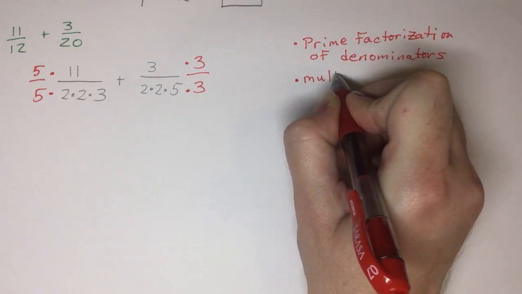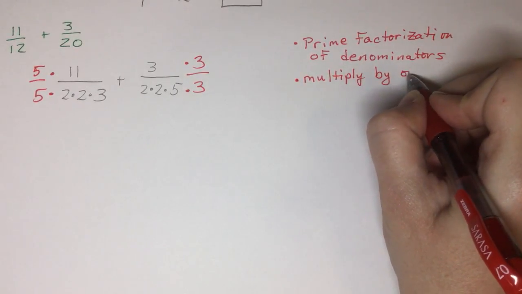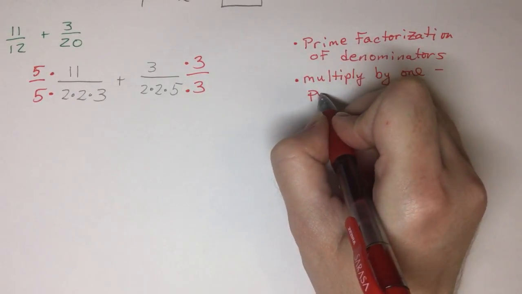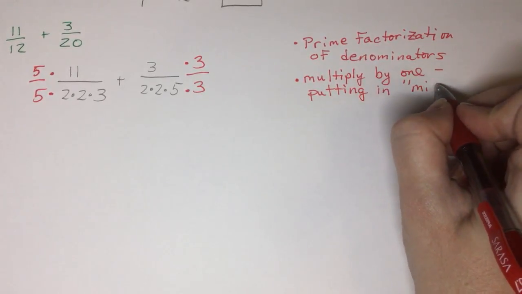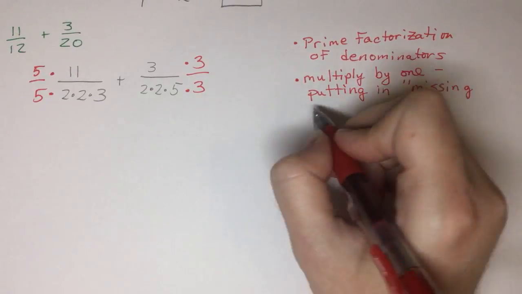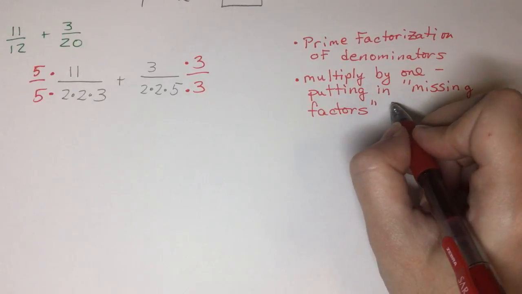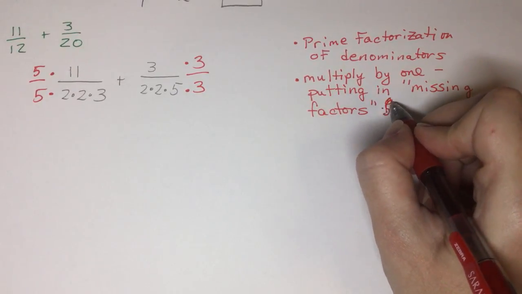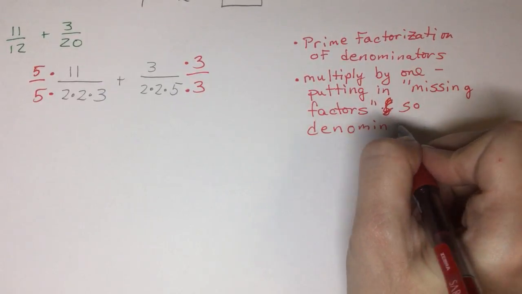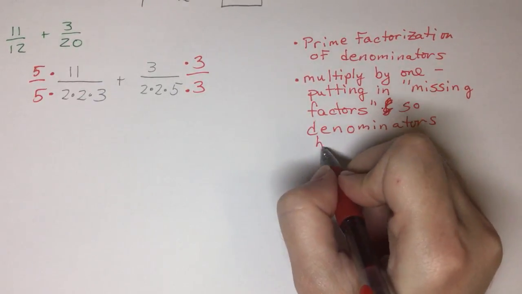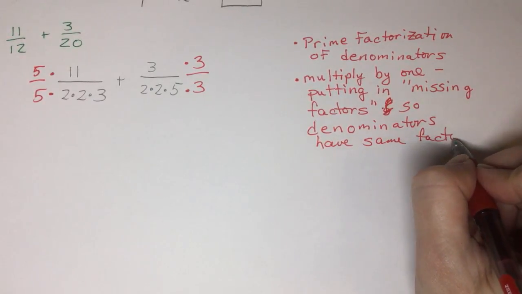So, I'm going to multiply by 1. Putting in those missing factors, so that the denominators have the same factors.